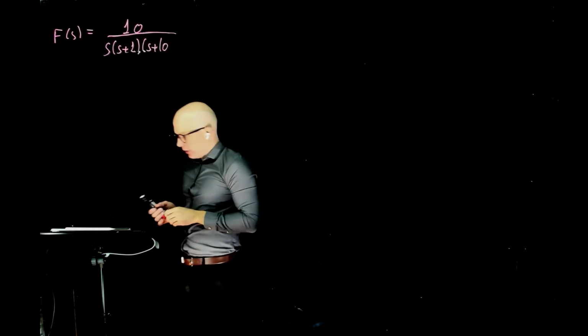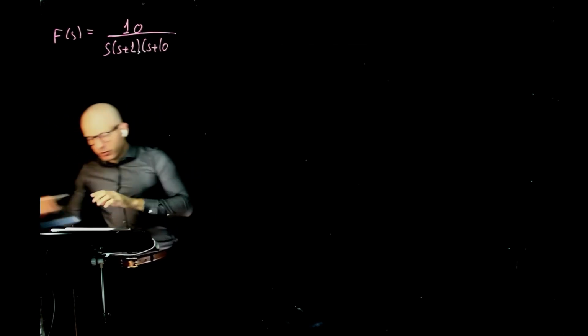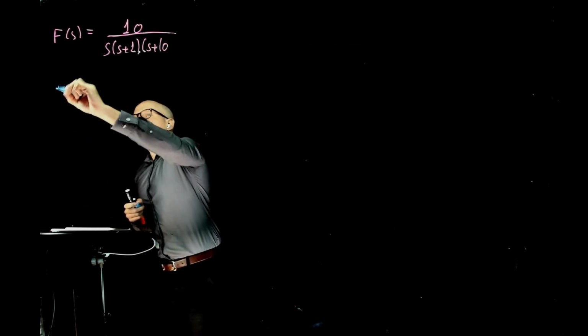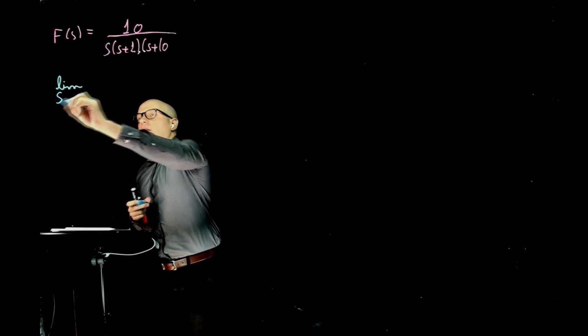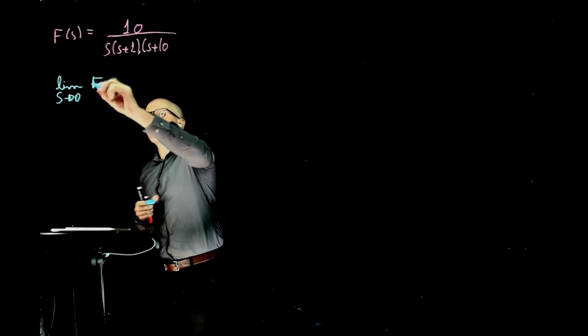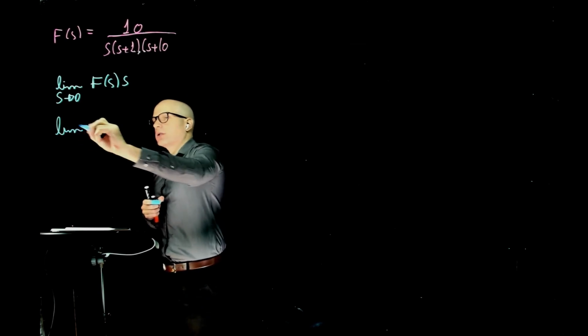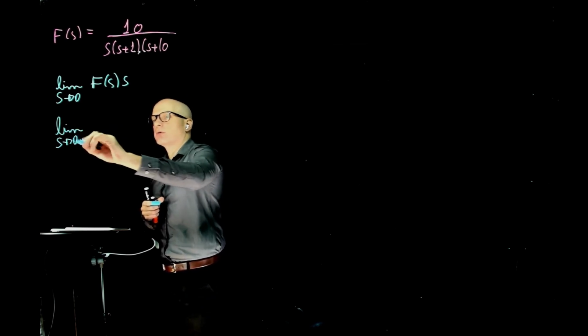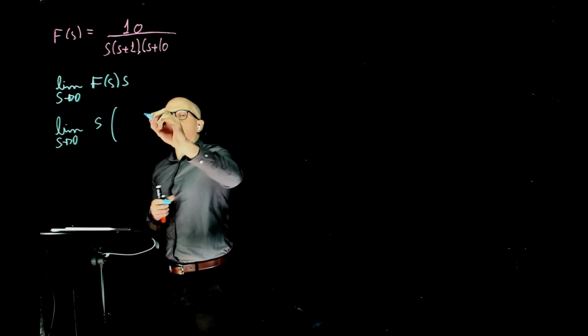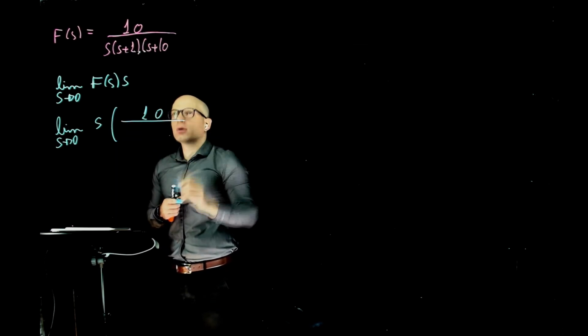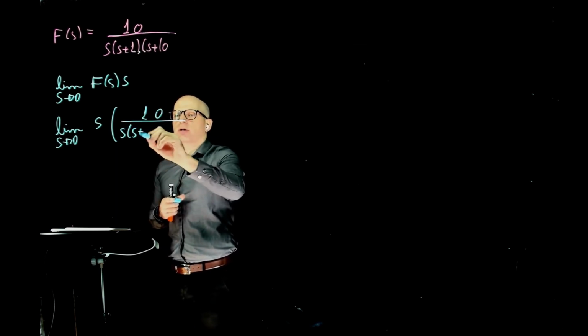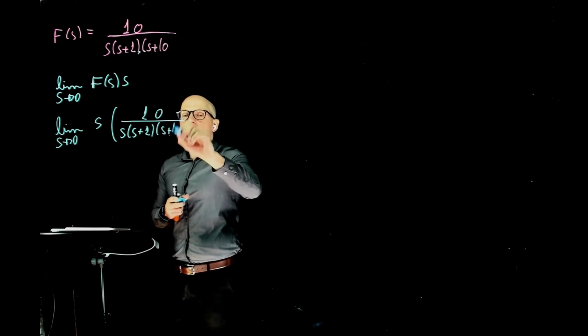If you want to do the final value theorem, it states that this is equivalent to the limit of s tending to 0 of F(s) times s, which is the limit when s tends to 0 of s times 10 over s times (s plus 1) times (s plus 10).